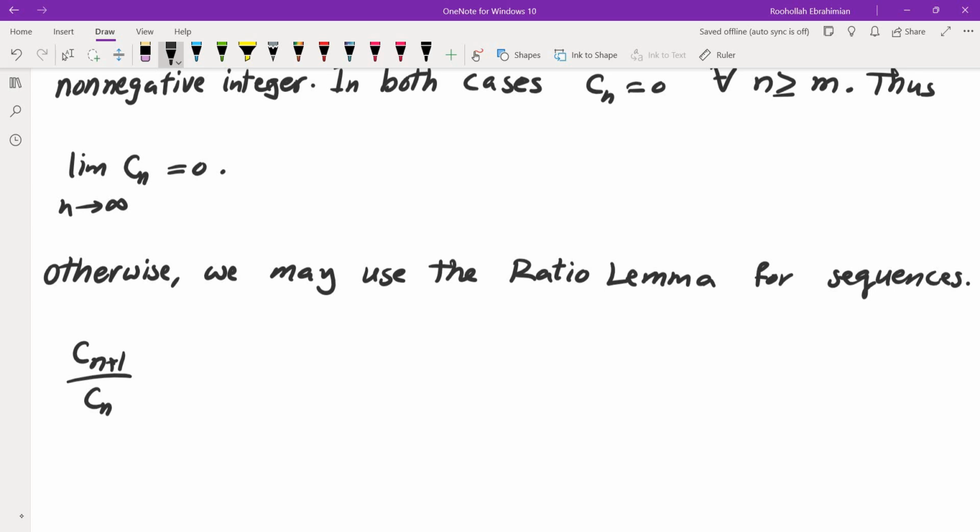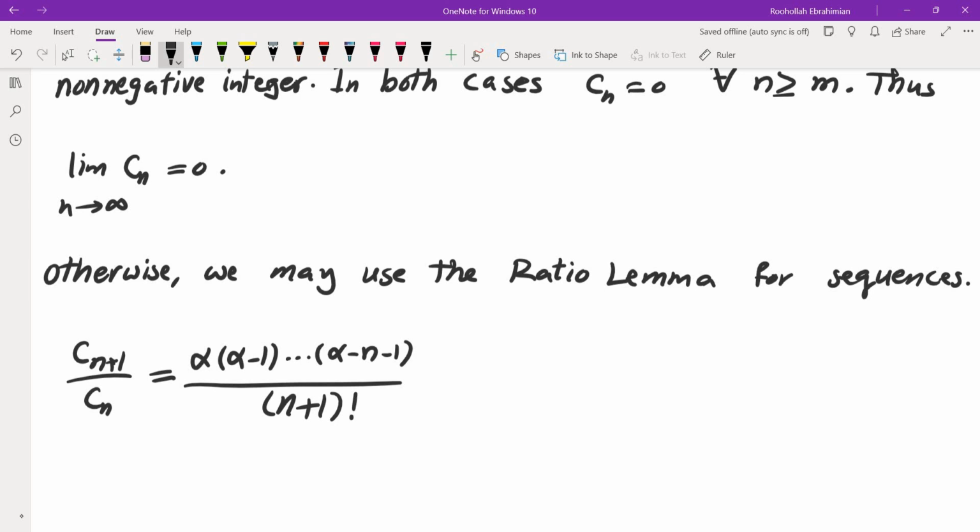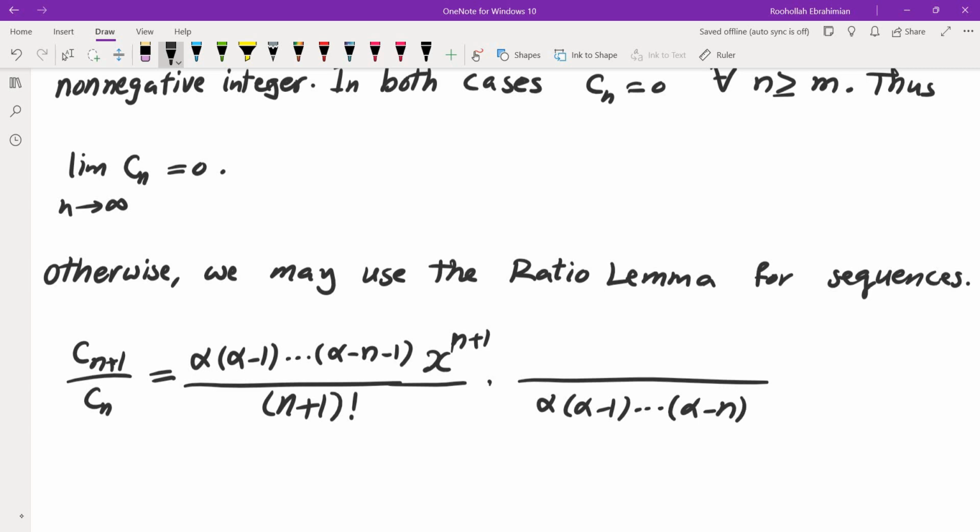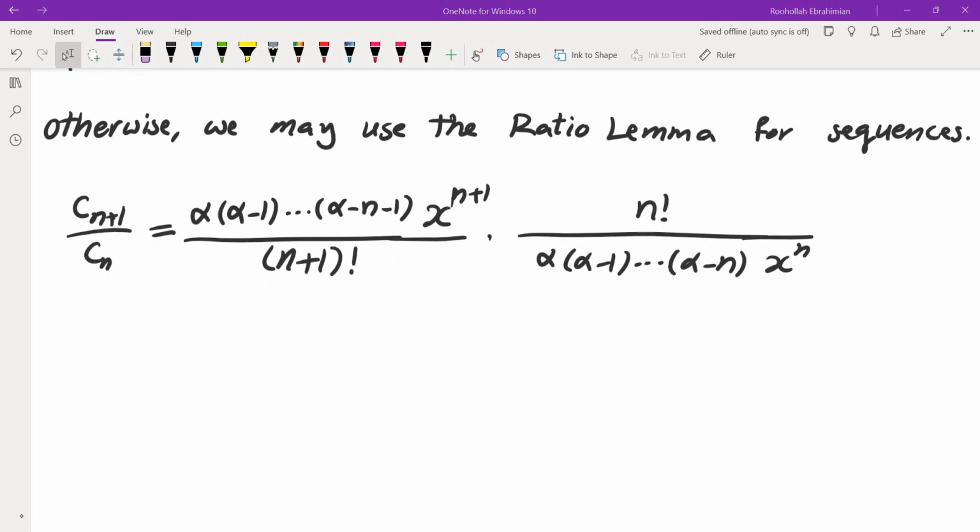So we're going to evaluate this. This is alpha(alpha - 1)...(alpha - n - 1) divided by (n + 1)!, and there was also a factor of x^(n+1). We have to flip the other one, so we get alpha(alpha - 1)...(alpha - n) x^n at the bottom, and n! on top. So clearly a lot of the terms are going to cancel. On top, you are left with alpha - n - 1, and then there's an x.